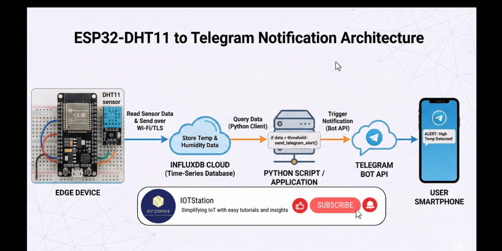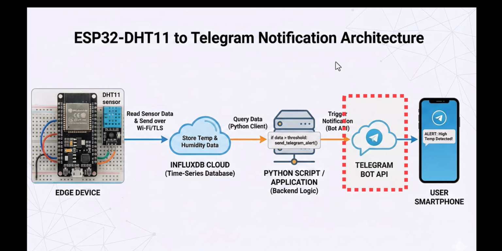Then we have here Telegram. Basically, Telegram has a Telegram bot, which you can define in Telegram, and it has a key and other information like an API, which you can use, along with a secret if there is one, to push the notification to Telegram.